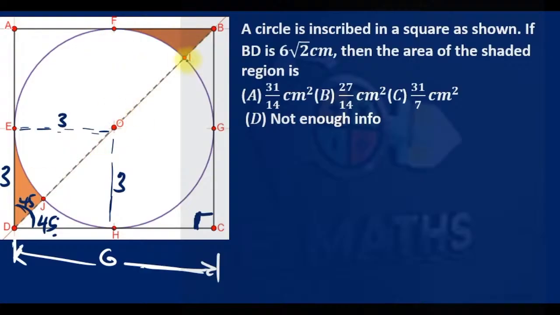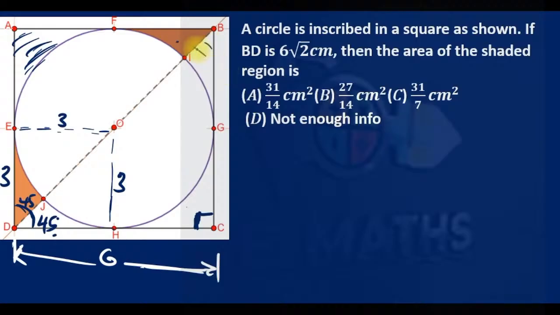You know, this is a square, and the shaded region, this region and this, they are the same. So this is just half of the total. Do you get? This bisects this into 2 equal parts. So this and this are the same.